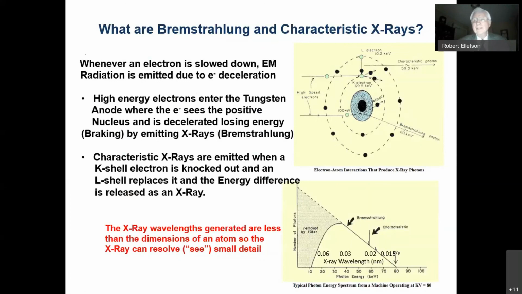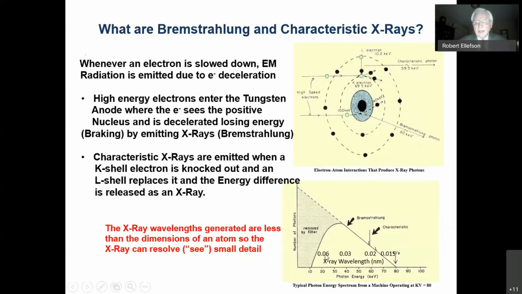The characteristic X-rays come when an electron comes in and knocks out a bound K-shell electron from the tungsten atom, and then an electron from the L shell fills the vacancy that is left, and the energy difference between those two levels is released as an X-ray with that energy.